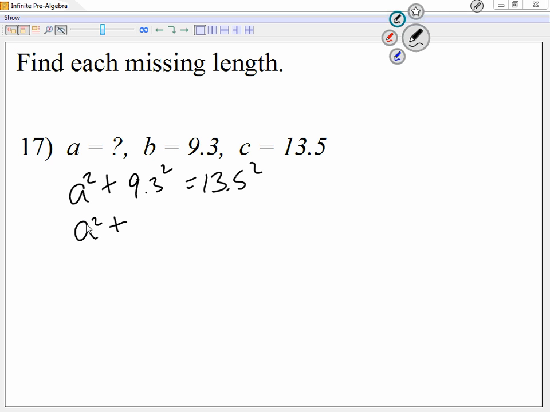Let me figure out what 9.3 squared is. 9.3 times 9.3 gives me 86.49. Let me figure out what 13.5 squared is. 13.5 times 13.5 gives me 182.25.